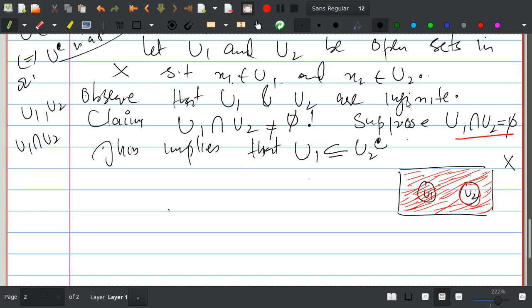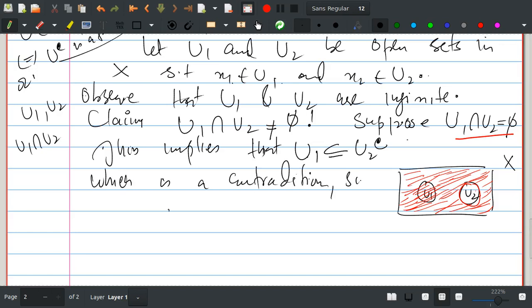Now U1 being an infinite set and U2 complement being a finite set is a contradiction, since U2 being in T cofinite means its complement is finite. So U2 complement is finite and U1 is infinite.